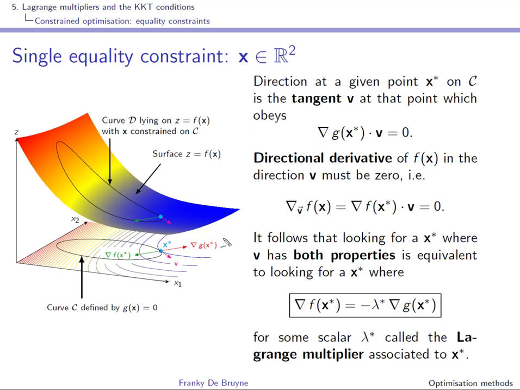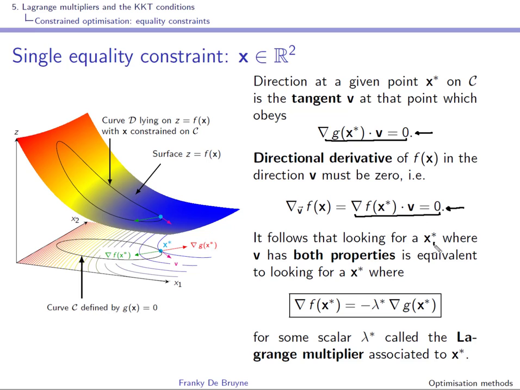Well, we just arrived at the conclusion that we are looking for an x star where the directional derivative of f in the direction V tangent to the curve C is equal to 0, and this imposes this equation over here, right? And a direction that is tangent to the curve C in the point x star is defined by this equation over here, and this is imposing a second constraint.